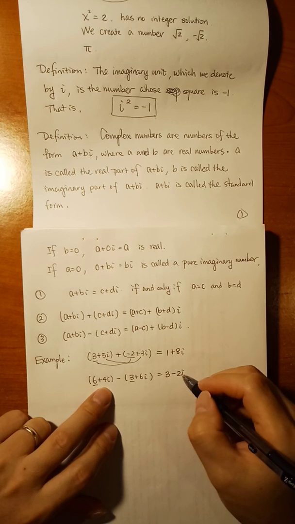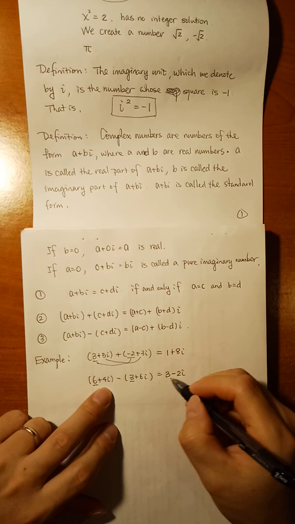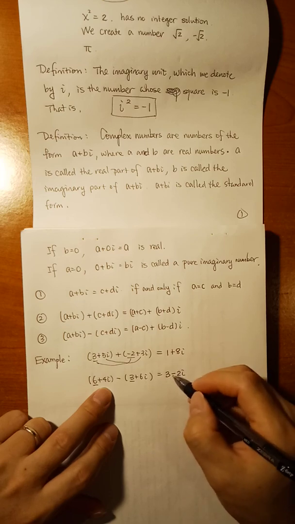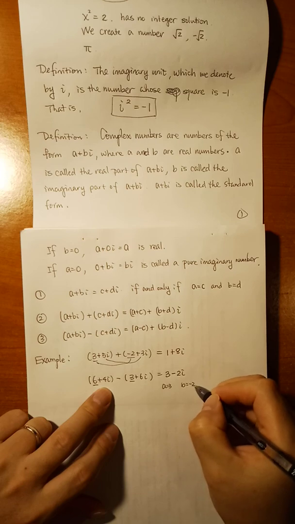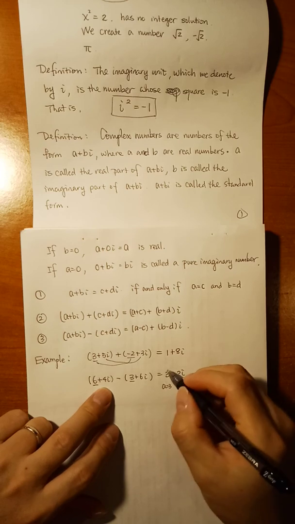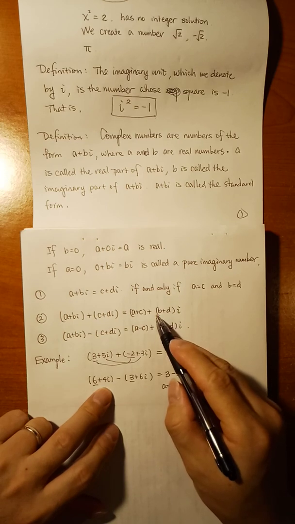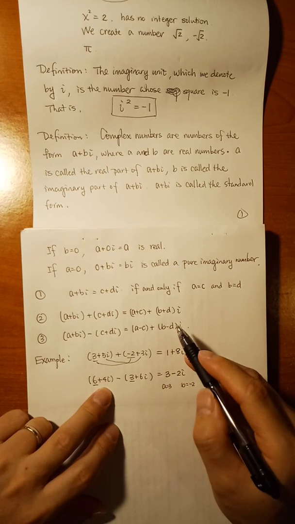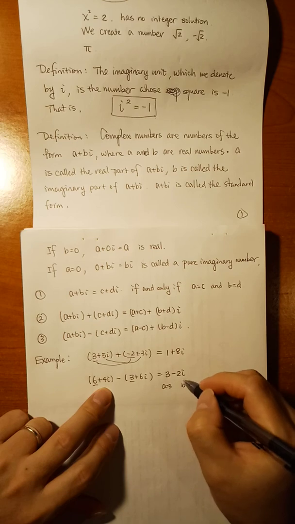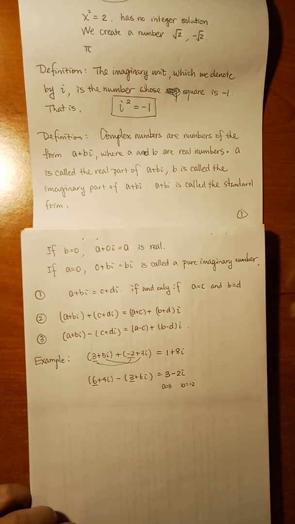So 3 minus 2i, the real part is 3, imaginary part is negative 2. So here this a is 3, this b is negative 2. The sum between them is always plus, a plus bi. So b is negative 2, be careful.